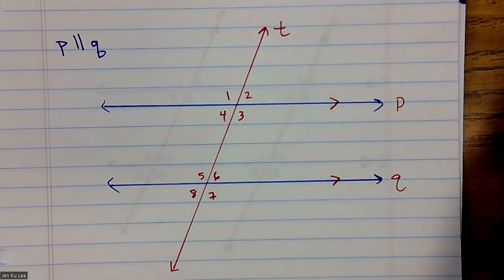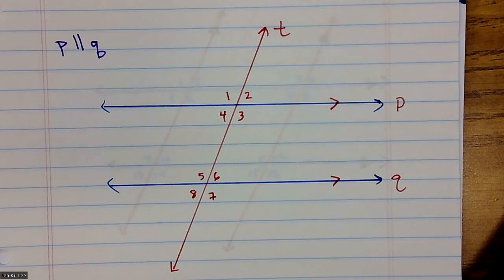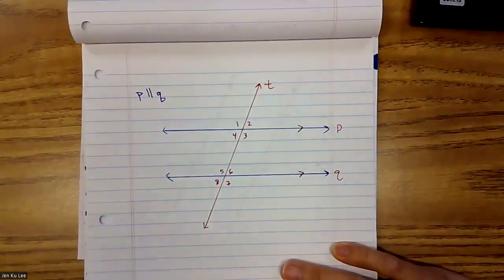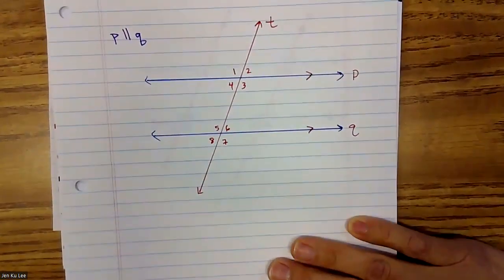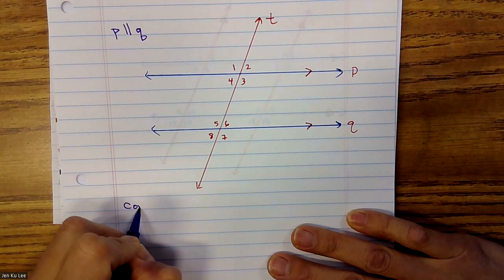There are 3 types of angles that we need to know, okay? The first one is called corresponding angles. Let me back up, put it down like this. The first one is called corresponding angles.